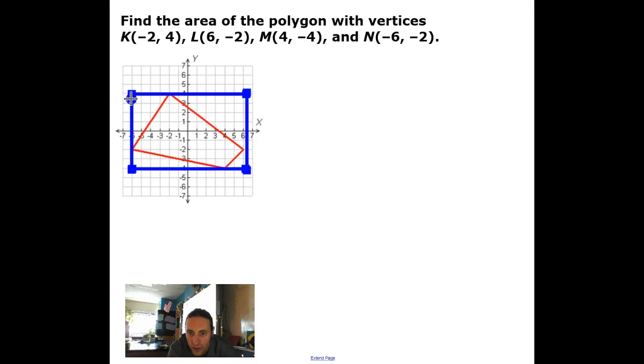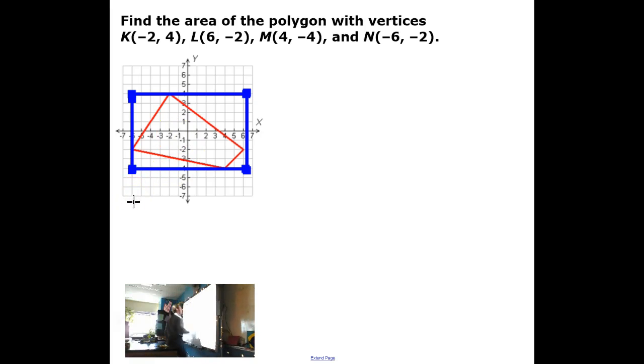The reason that's so effective is, how easy is it to figure out the area of a rectangle? No problem at all. How easy is it to figure out the area of 4 triangles? No problem at all. If I subtract the area of these 4 triangles from the area of the rectangle, I'll end up with the area of this red quadrilateral. And so that's what I'm going to do.